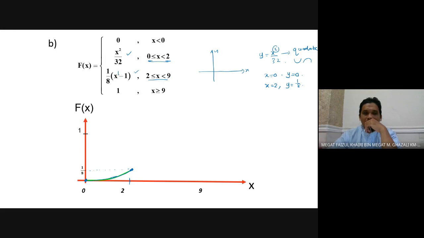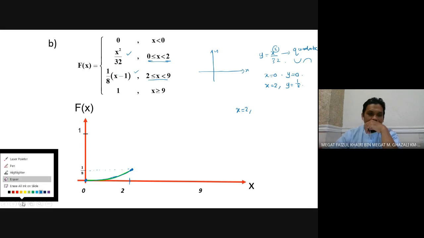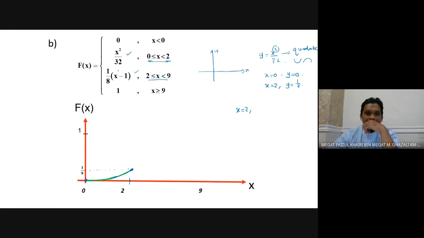The function of 1 over 8 multiplied with x minus 1 from 2 until 9. This is x to the power of 1, linear. So when x equal to 2, 2 minus 1 equal to 1. 1 multiplied by 1 over 8 is y equal to 1 over 8.